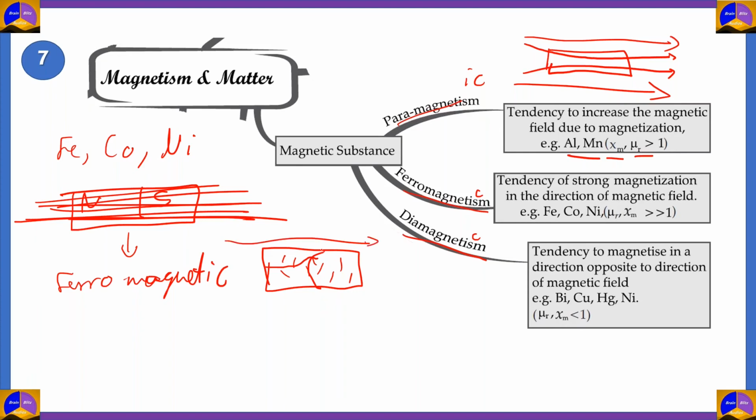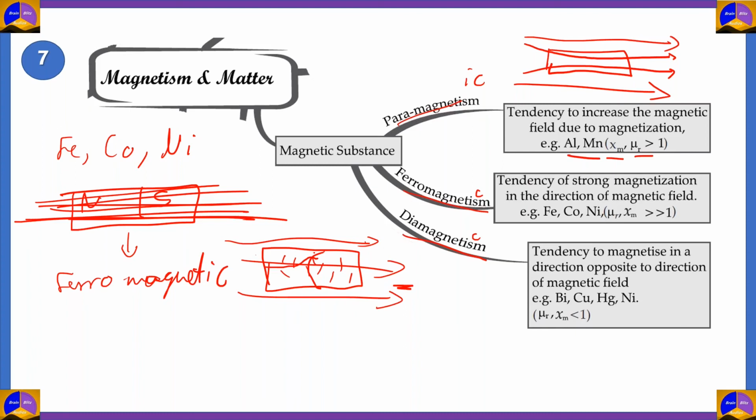So when the magnetic field is applied, most of the dipoles tend to align in the direction of the magnetic field. Recall chapter number 2, where the electric dipole also rotated in order to be parallel with the electric field. A similar case happens here.